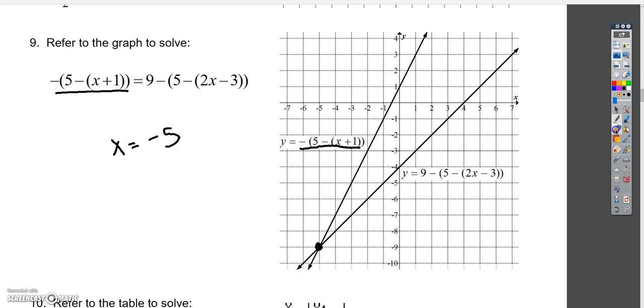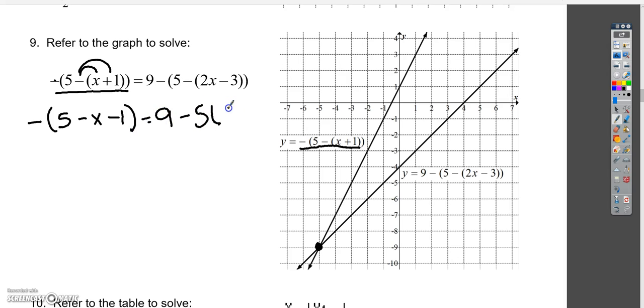If we wanted to solve it symbolically, we would distribute here first, negative 5 minus x minus 1 minus 5. No, hang on. Parenthesis 5 minus 2x plus 3.